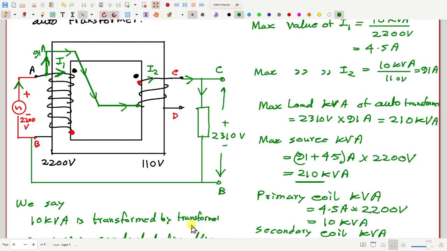So the main thing to notice is that the coils are actually handling only 10 kVA. So we say that 10 kVA is the transformed kVA, but since there is a direct connection between source and load, you can see clearly the source and load are directly connected. In a two-winding transformer, there is no direct connection between source and load.